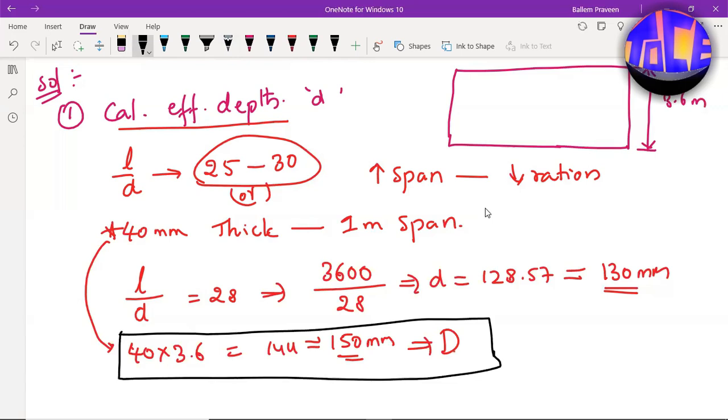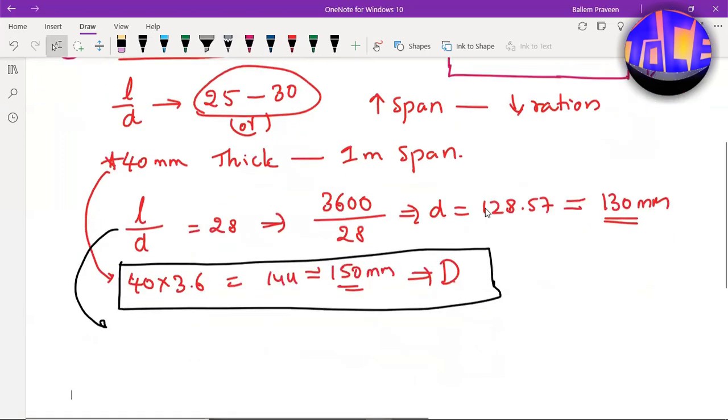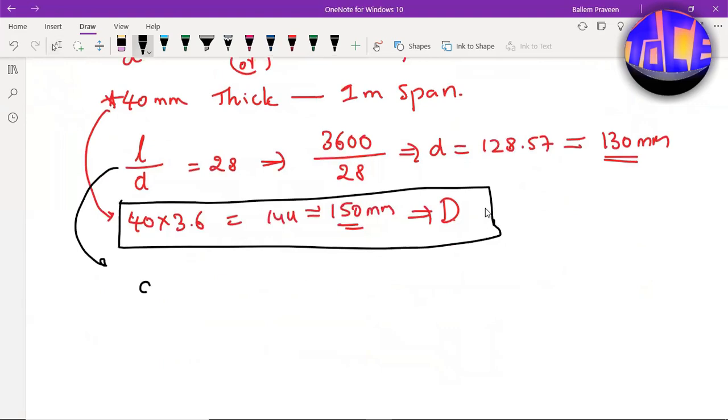Now let us go through this L by D ratio itself. Through the L by D ratio we got the effective depth as 130 mm. Let us take the overall depth as 130 plus the effective cover as 30 mm.